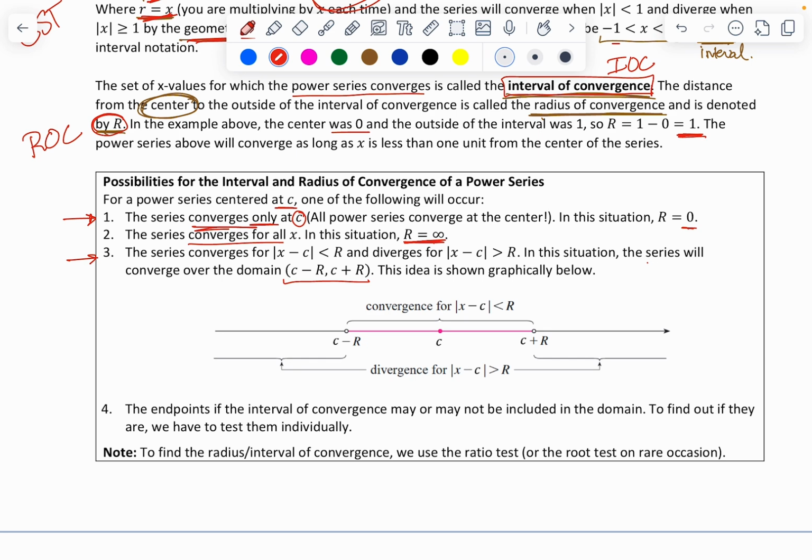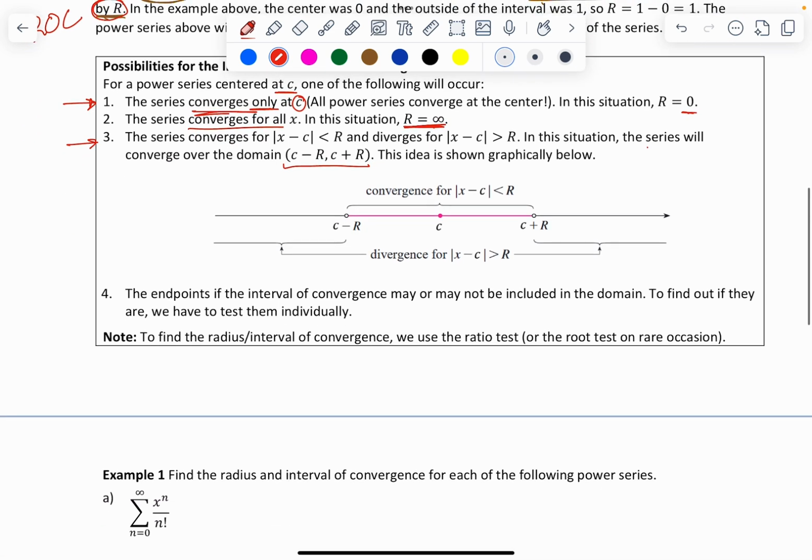Okay, this idea is shown here. So if we know that, and we're going to do an example, of course, and we'll look at it.